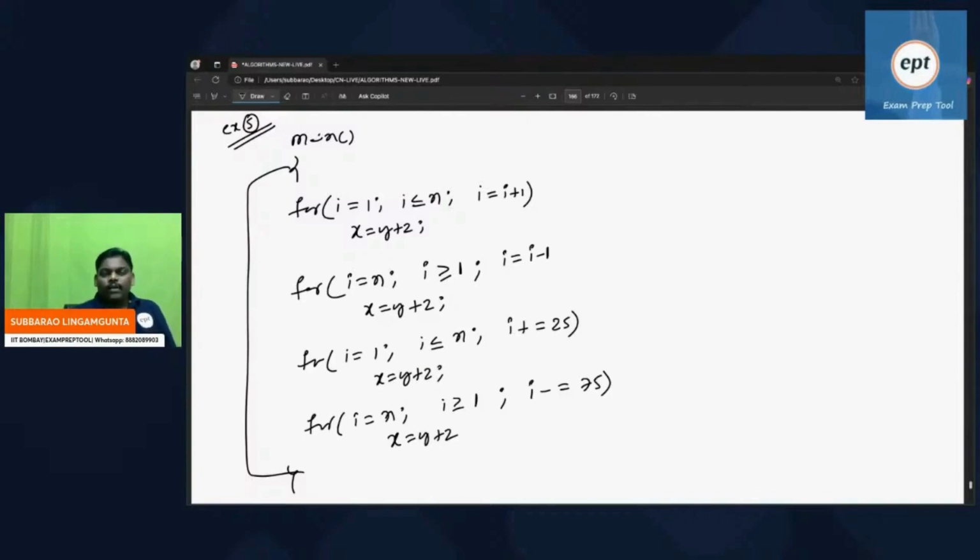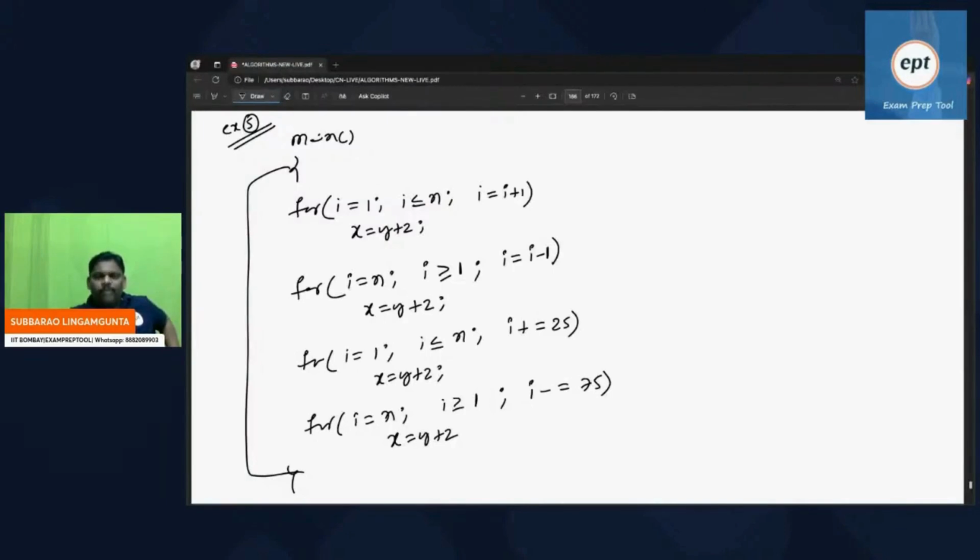Four loops: i equal to 1, i less than or equal to n, i equal to i plus 1. i equal to n, i greater than or equal to 1, i equal to i minus 1. i equal to 1, i less than or equal to n, i plus equal to 25. i equal to n, i greater than or equal to 1, i minus equal to 25.